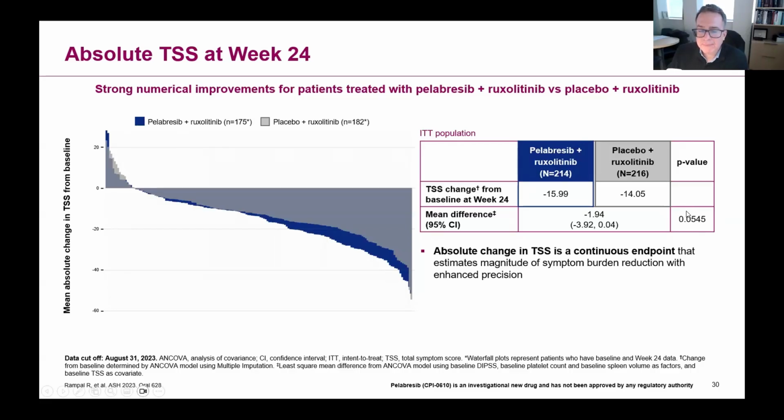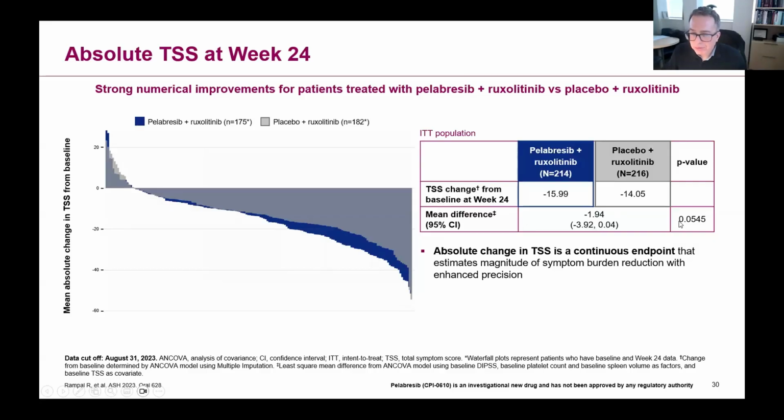It just missed statistical significance. So there was a mean reduction in the symptom burden from baseline to week 24 of almost 16 points. And then if you look at the Jakafi plus placebo, which means Jakafi alone, it was about a reduction of 14 points. So it's a difference of just shy of 2 points, and that's mean.